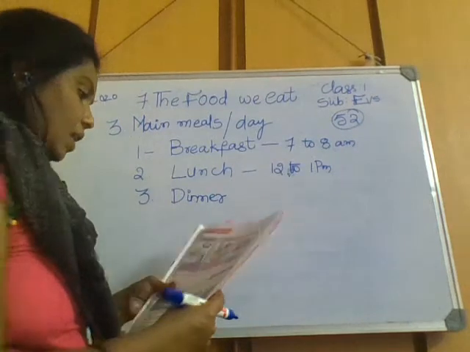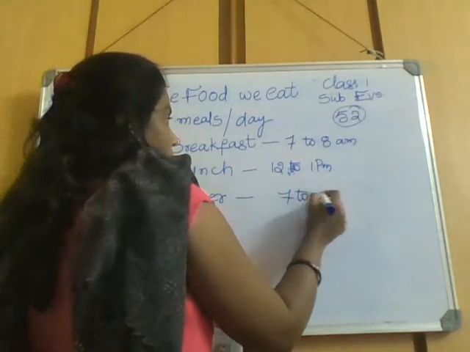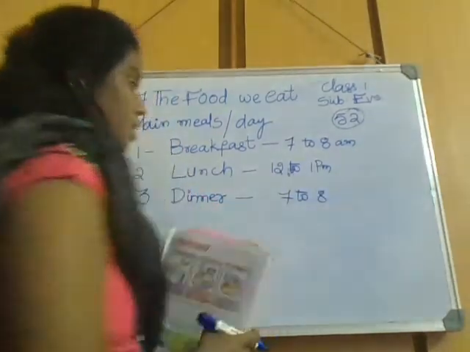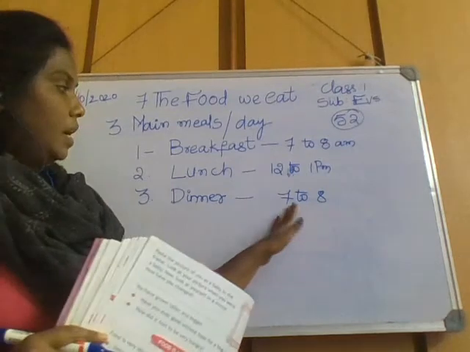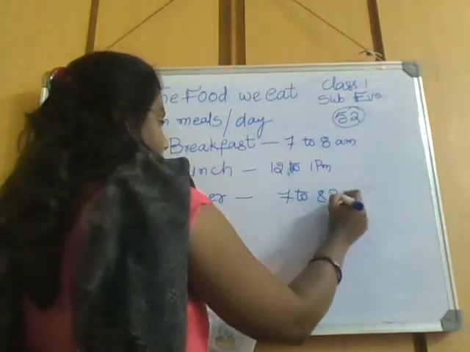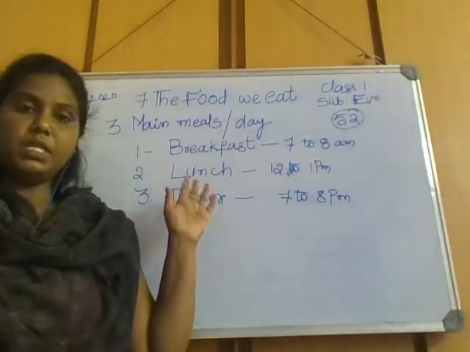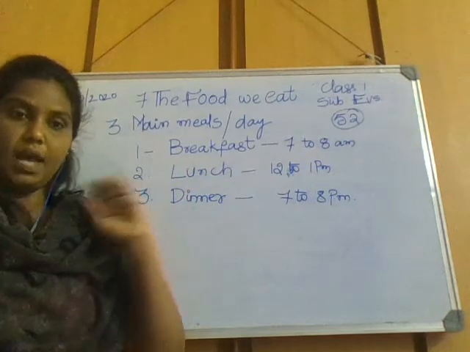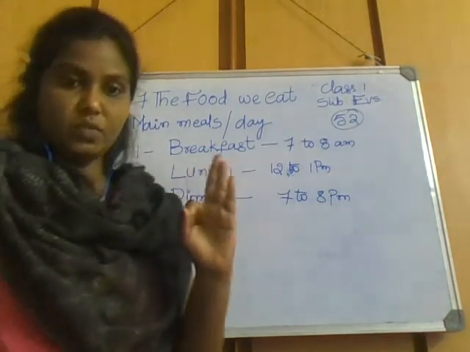And coming to the dinner, dinner time is around 7 to 8, same as breakfast. In the night time you have to finish this between 7 to 8 p.m. Right, these are called the 3 main meals we have per day. What are they? One is breakfast, lunch, and next one is dinner.